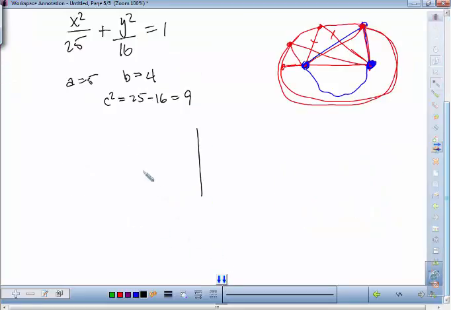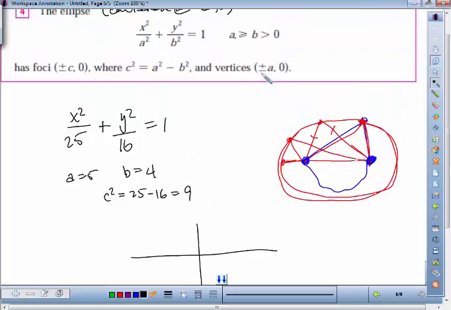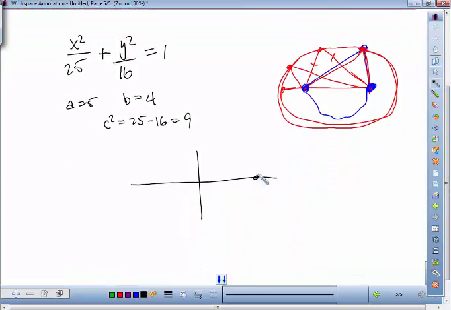And then the graph of that will have the vertices at positive and negative a, comma 0. And sometimes they call this the major axis. x is going to be the major axis.